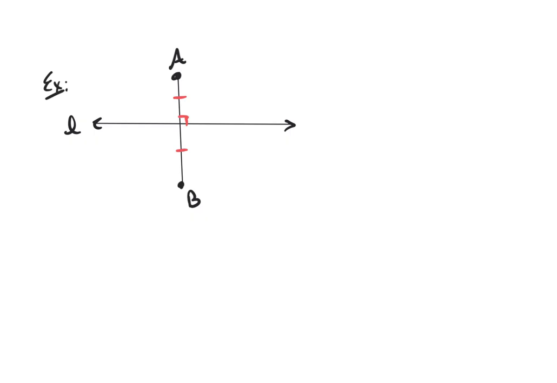But this time I'm not going to pick one point, I'm going to pick two. I'm going to pick one point right here, call it C, and another point over here, call it D, and then I'm going to connect the endpoints of the segment to C, the endpoints of the segment to D. And what our theorem says is, when you pick any point on a perpendicular bisector, those two distances are going to be the same.